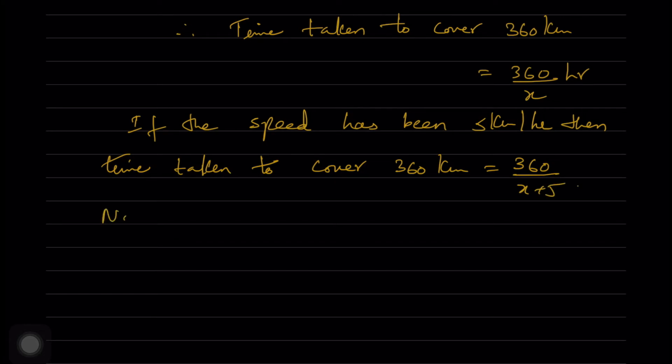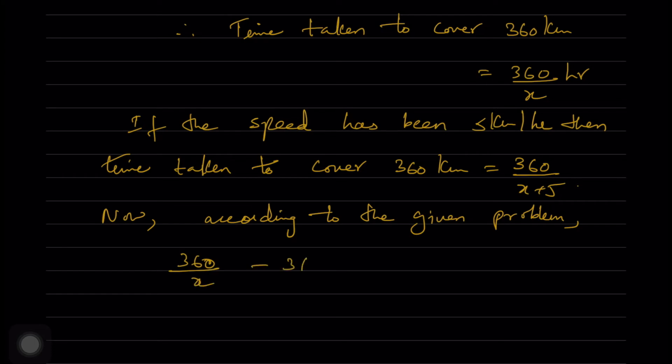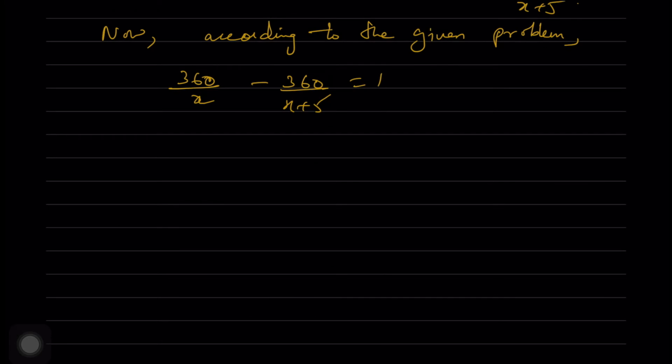So now, according to the given problem, 360 by x minus 360 by x plus 5 is equal to 1, which implies that 360 into 1 by x minus 1 by x plus 5 is equal to 1.